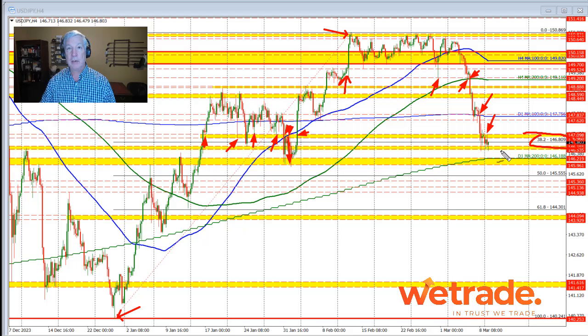If we get below this lower swing area, that opens the door for a move down toward the 200-day moving average. That's this green line right here. I haven't traded below that green line since going back to this period right here early in January, first week of the year. So that would be a big move to get below that level, 146.18, to increase the bearish bias.